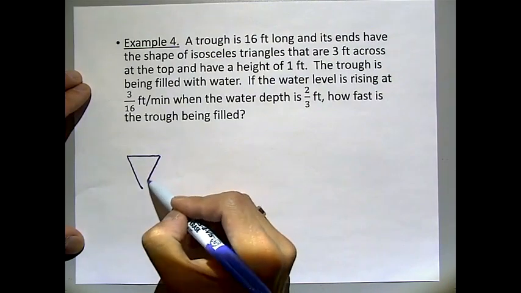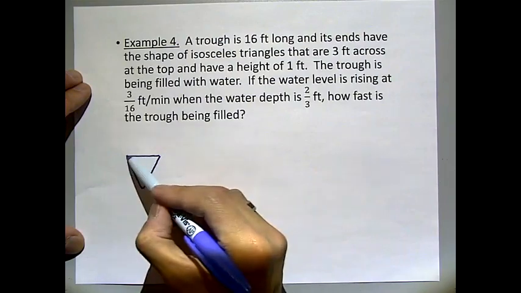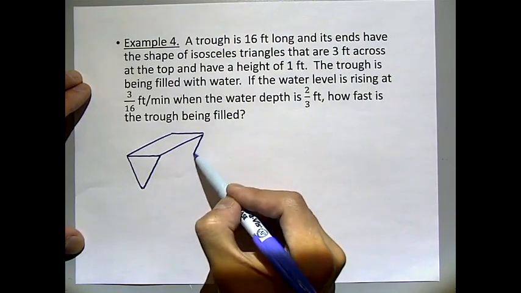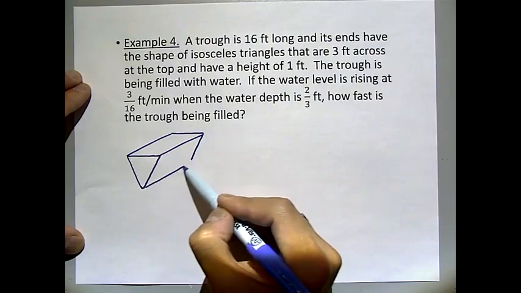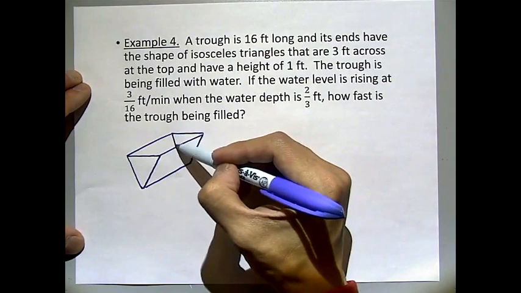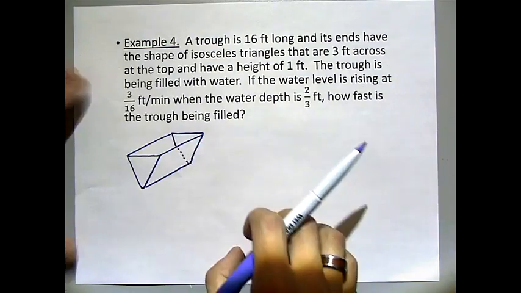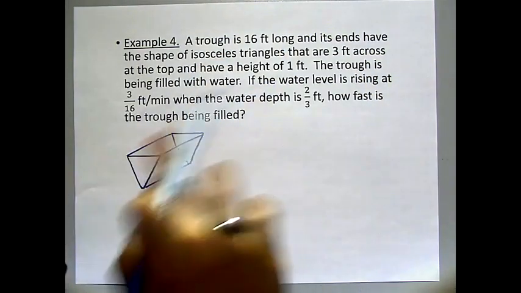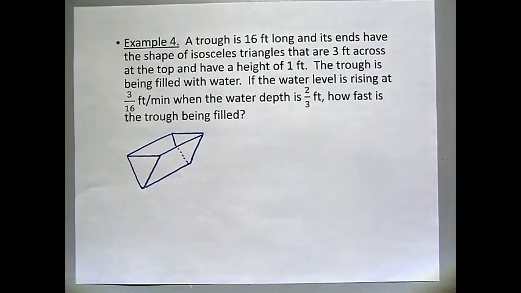So we've got these isosceles triangles on the ends, and it's a 3D trough here. It's like those chocolate bars you see. What are they called? Those triangular ones? Yeah, that's the one. It's that shape here. There's no top, so water can get in.